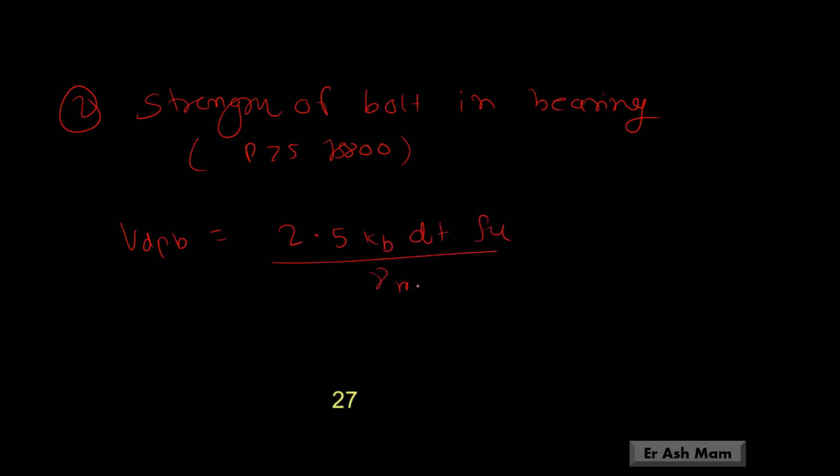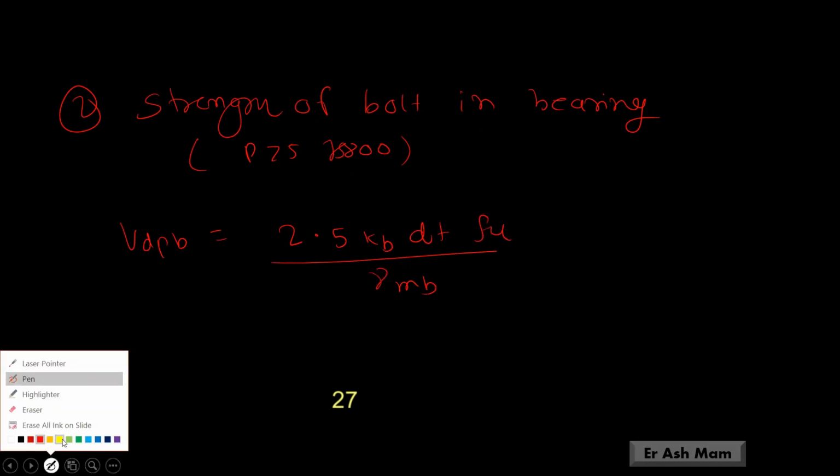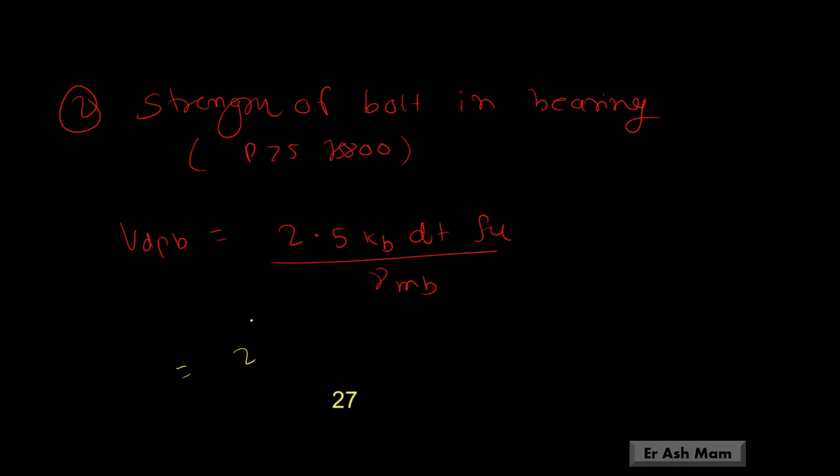Strength of bolt in bearing, that is page number 75 of IS 800. VdpB equal to 2.5 kb d t fu upon gamma mb. Okay, 2.5, where kb is, next d is the diameter, 16 mm.